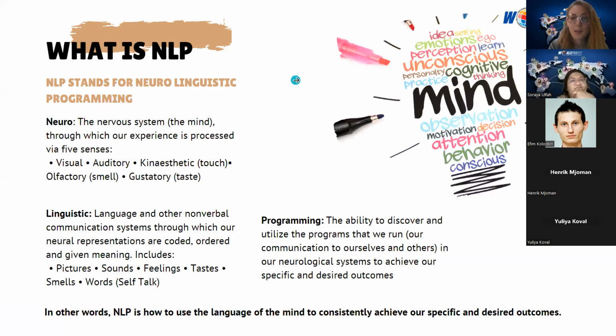Okay, so what is NLP? NLP stands for Neuro-Linguistic Programming, where neuro is our nervous system, the mind, especially the unconscious mind, through which our experience is processed via 5 senses: visual, auditory, kinesthetic, our touch; olfactory, our smell; and gustatory, the taste. The linguistic stands for language and other nonverbal communication systems through which our neural representations are coded, ordered, and given meaning.